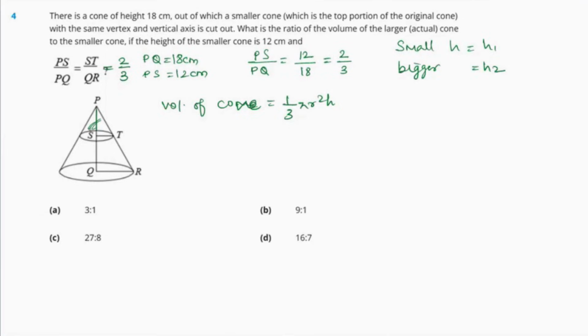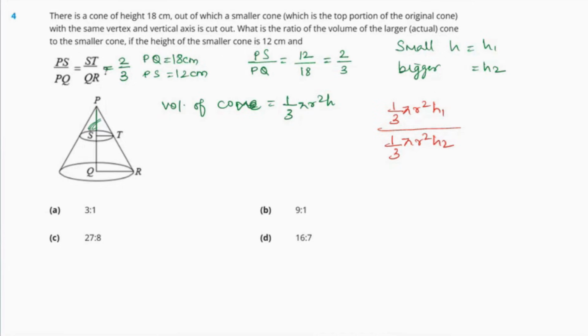Since the question is asking about the volume only, that is going to be 1 by 3 pi r square h1, and this we can take as 1 by 3 pi r square h2. Now the further things get cancelled with each other.